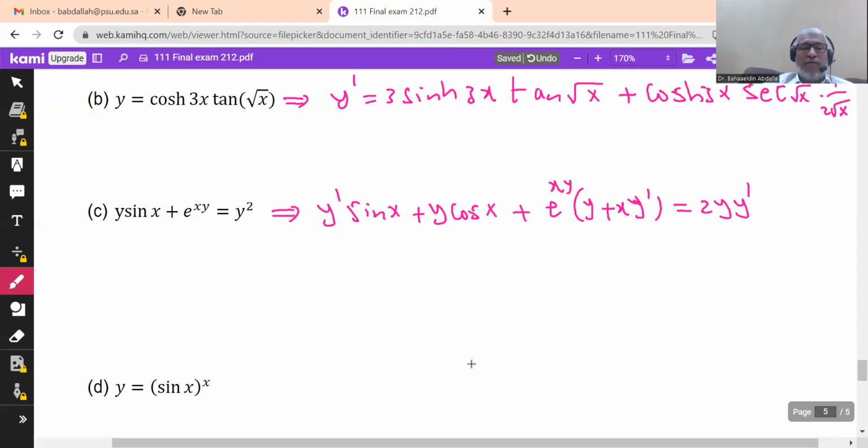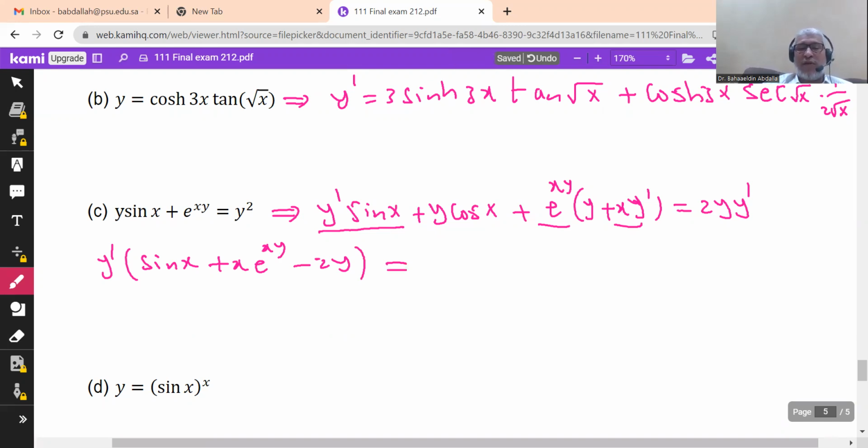So now I have y prime. I can take it as a common factor. And here sine x remains. And here I have x times e to the xy and minus 2y when I bring this to the other side. And then I have only y times cosine.